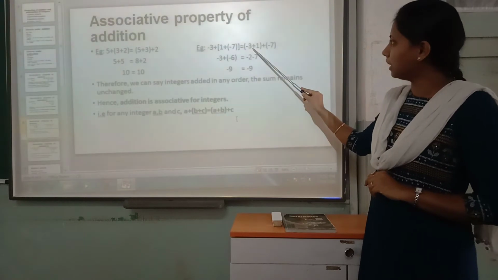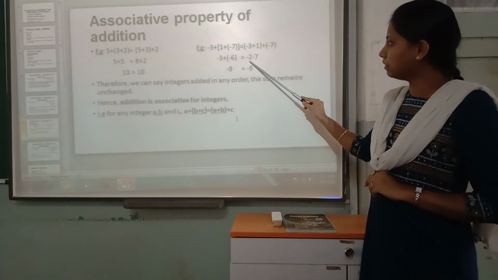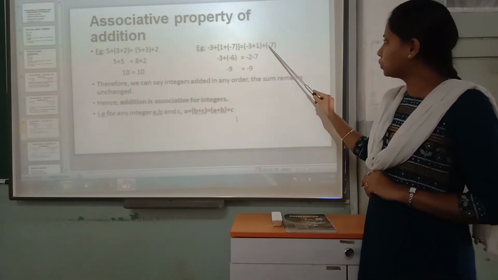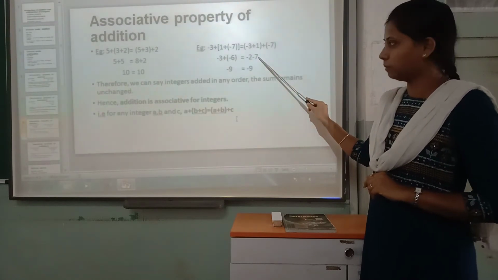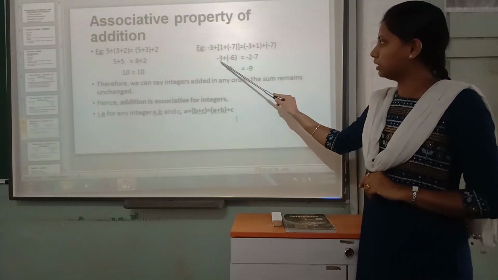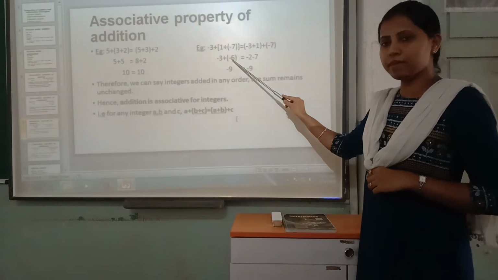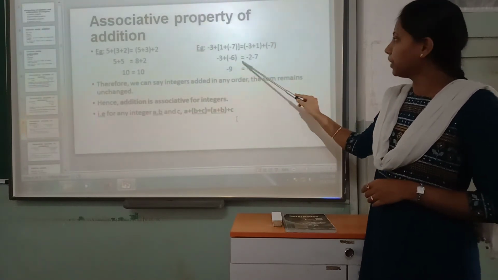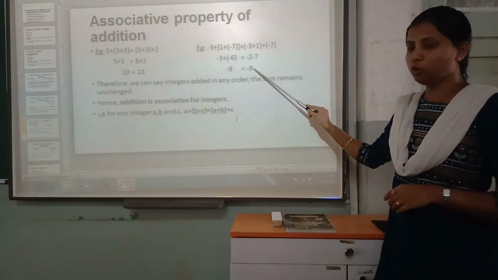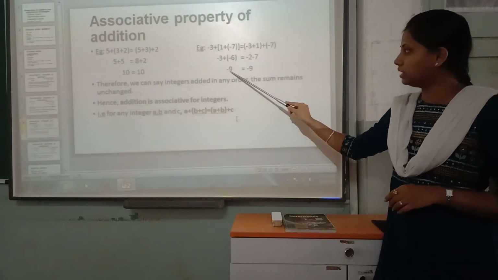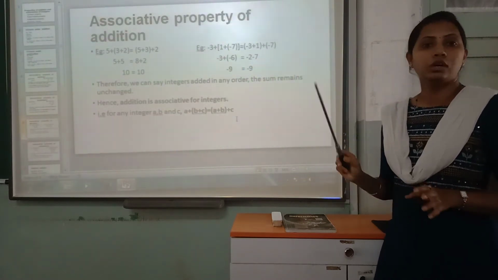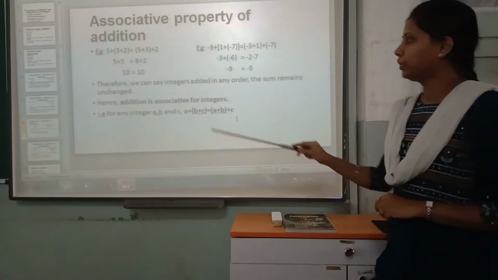And this side, minus 3 plus 1 gives you minus 2, and plus into minus is 7. Now if you simplify this further, minus 3 plus of minus 6 will give you minus 9 and minus 2 minus 7 will give you minus 9. So again you can see here the sum is not changing, it is the same.